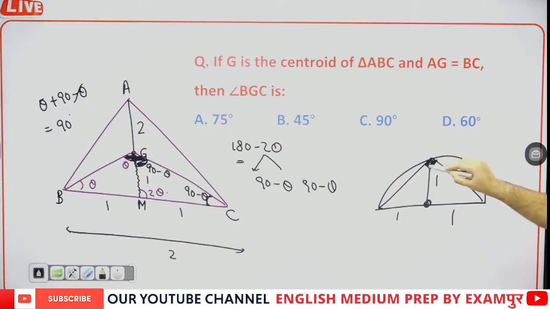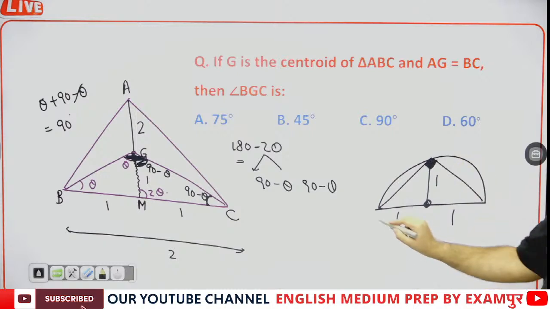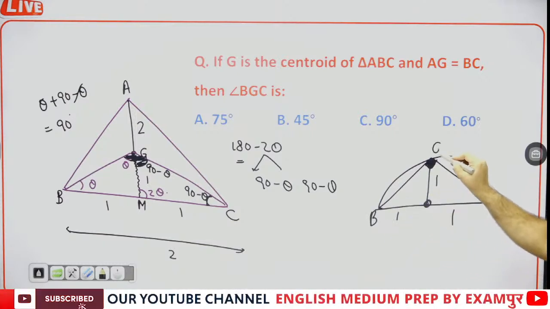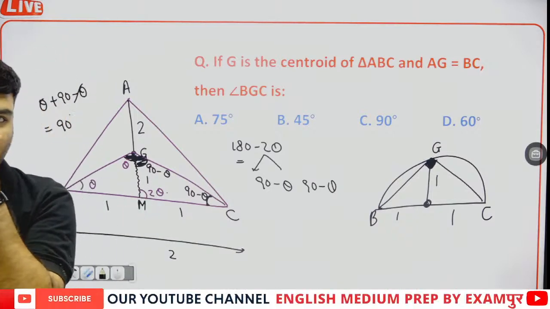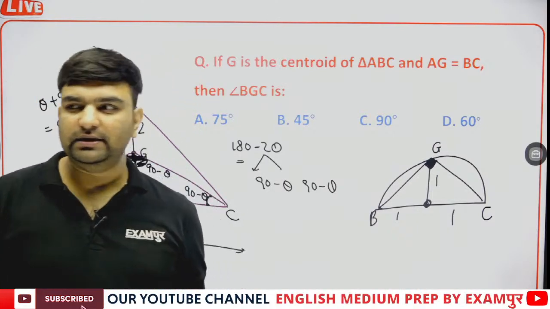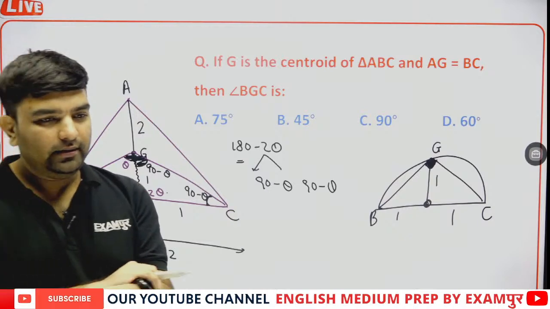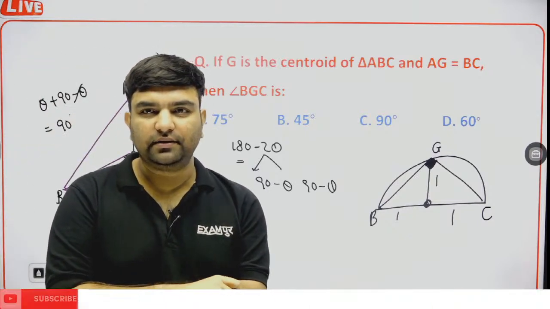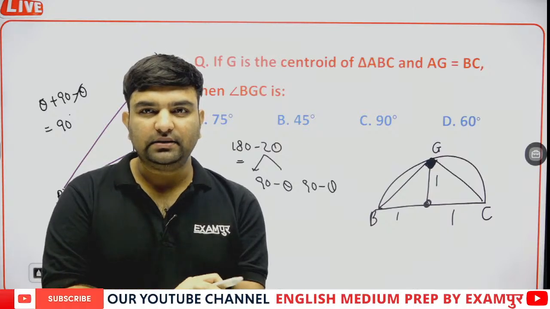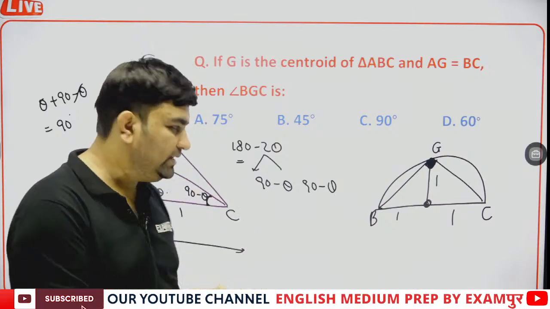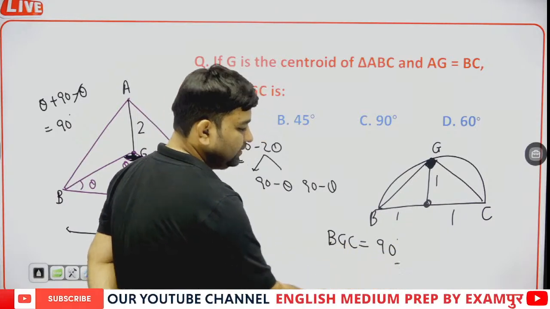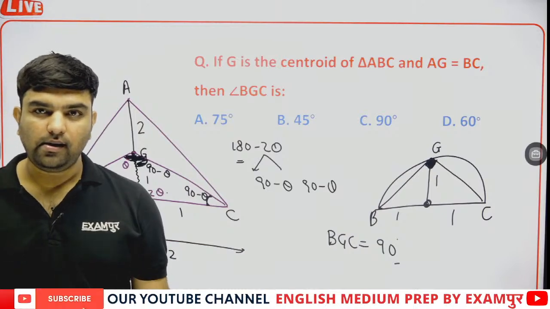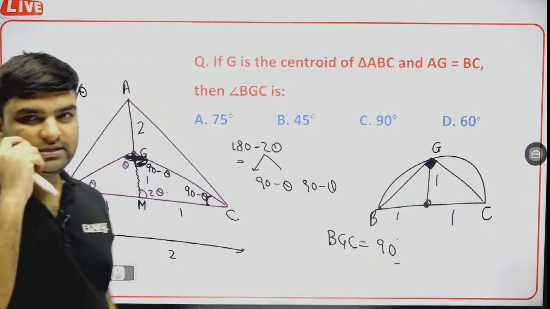Diameter subtends 90 degrees at the circumference. So for the knowers of circles, it is basically a question of the diameter subtending 90 degrees at the circumference. So BGC will become 90. Let's move on.